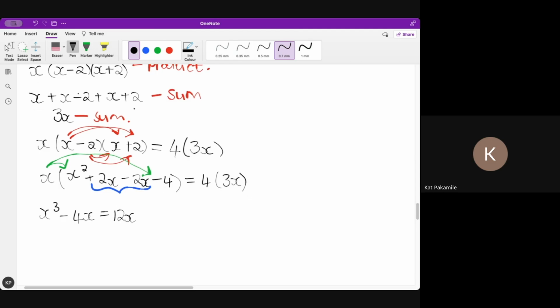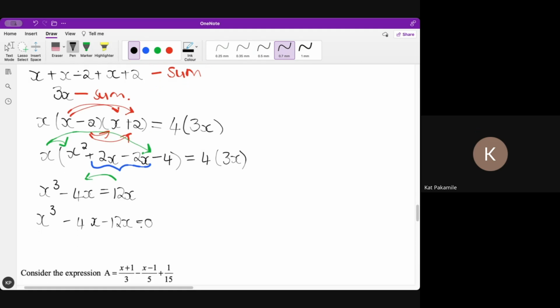Now we have a problem because everybody's on different sides. I want everybody to be on the same side. Okay. So x cubed minus 4x minus 12x is 0. What's negative 4x minus 12x? Minus 16x is equal to 0.